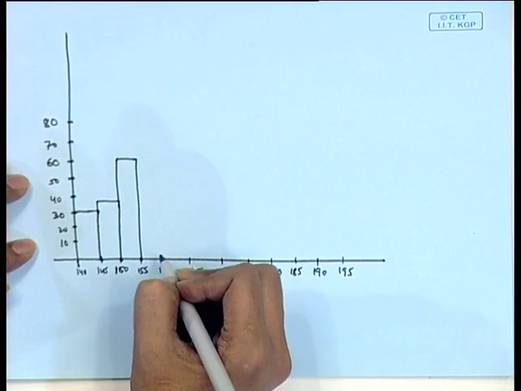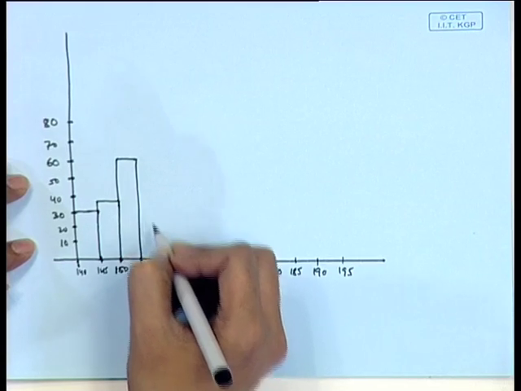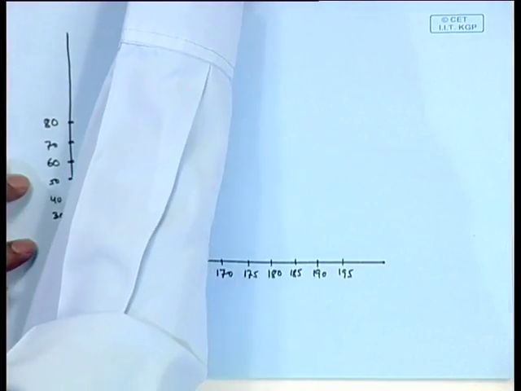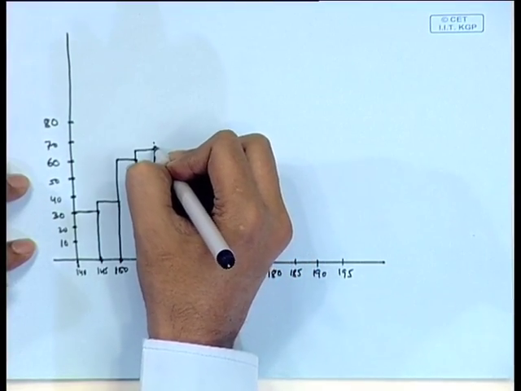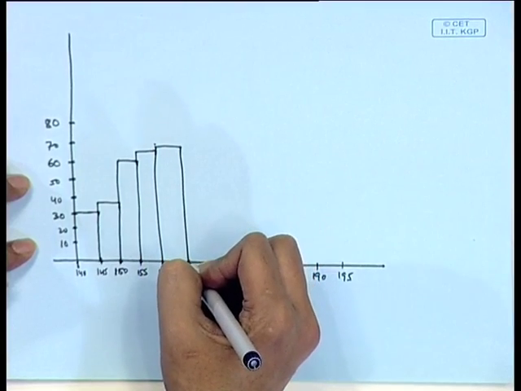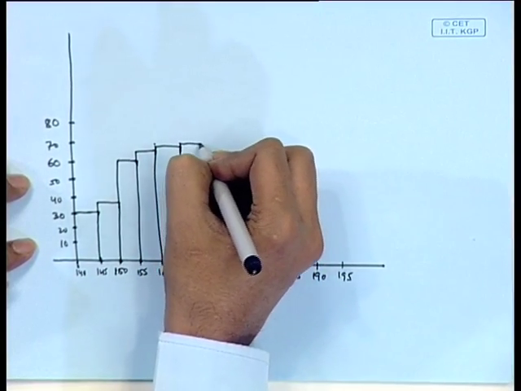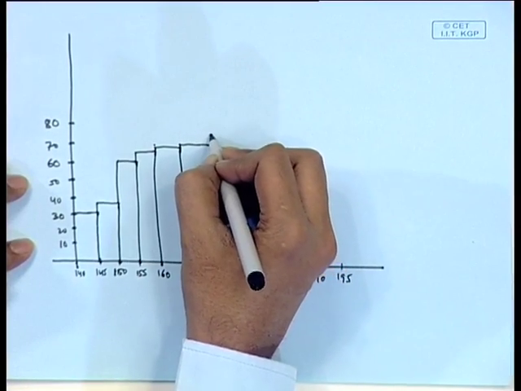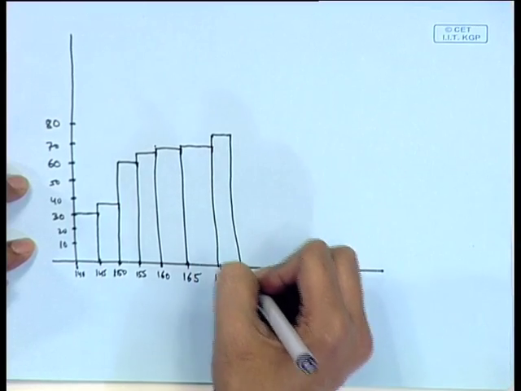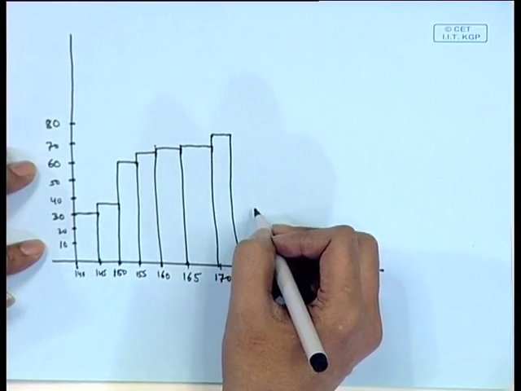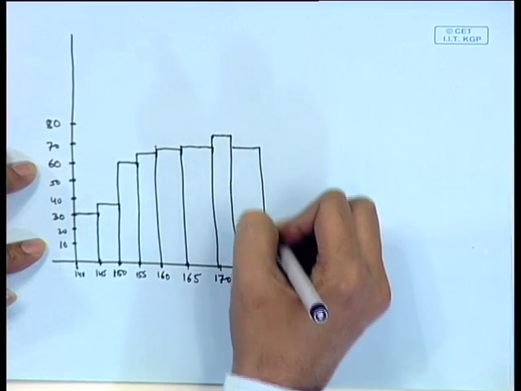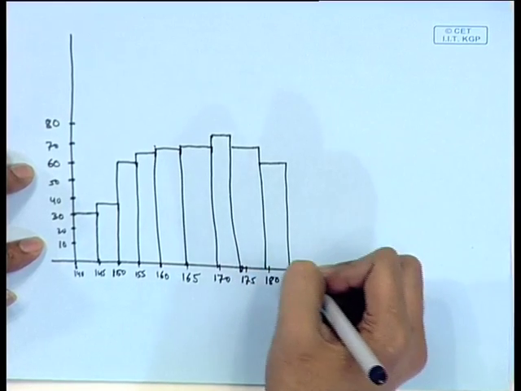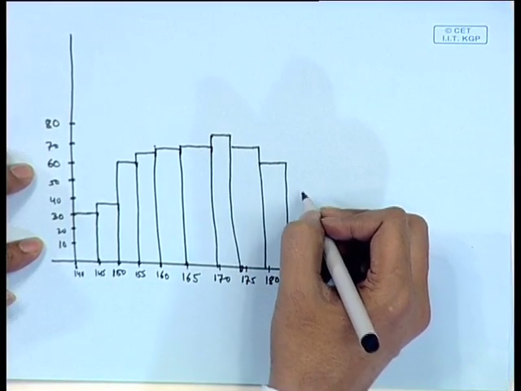For the interval 155 to 165, it is 65. Then next it is 67. 165 to 170 is 70. 170 to 175 is 75. 175 to 180 it is 70, and 180 to 185 it is 62. 185 to 190 it is 51.